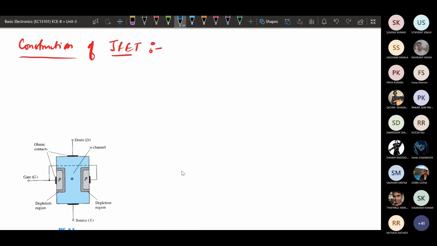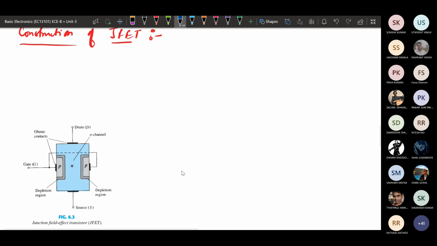This is the figure showing the JFET basically. JFET is a three-terminal device, as we have already seen. So there will be three terminals: the gate, drain, and source. Here this is your drain terminal, this is the gate terminal, and this is the source terminal.